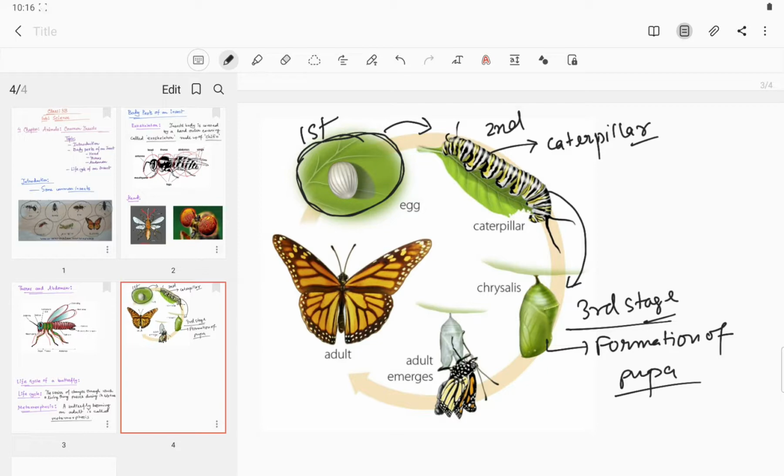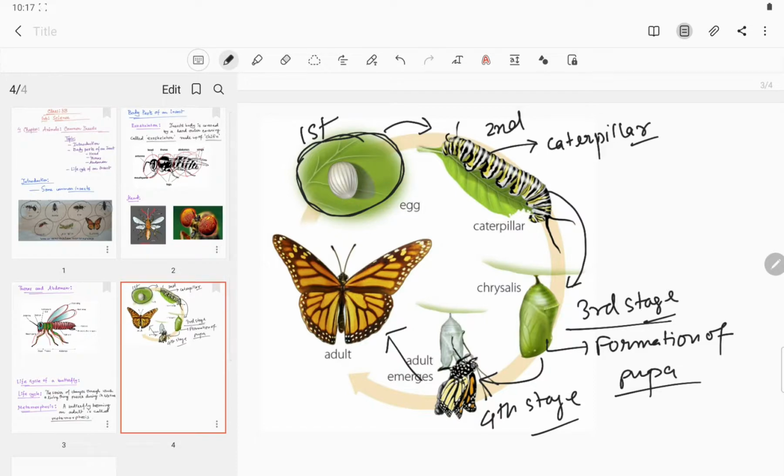Once the caterpillar has changed into a butterfly, the fourth stage starts. This is the last stage in the life cycle. A butterfly comes out of the pupa and can now learn to fly.